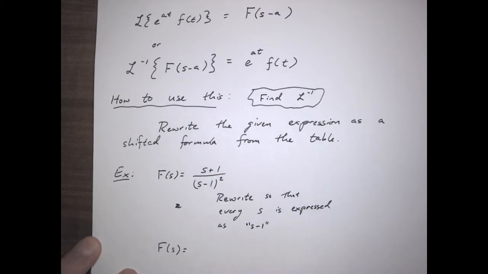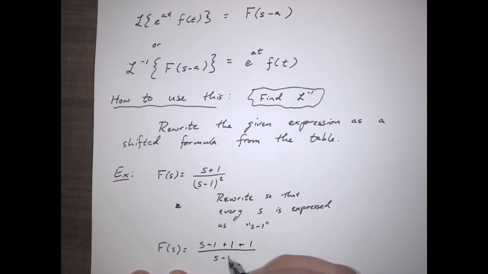So F of s would be equal to s minus 1 plus 1, so that makes just the s, plus that 1, because that was part of the formula, over s minus 1 squared.